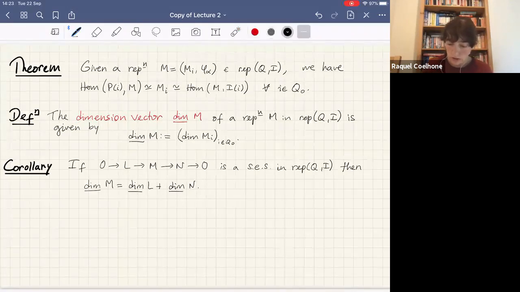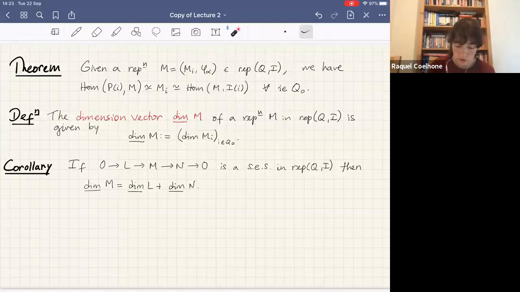I'm going to also need to define this. So a dimension vector of a representation, which I'll denote by this, is just a collection of dimension vectors of the vector spaces at each vertex. So remember, we're talking about finite dimensional algebras, so modules.